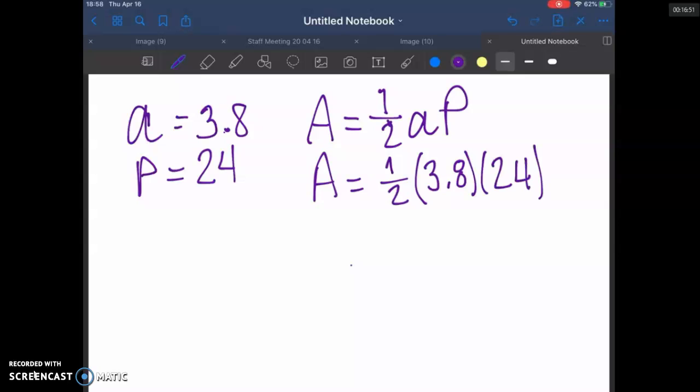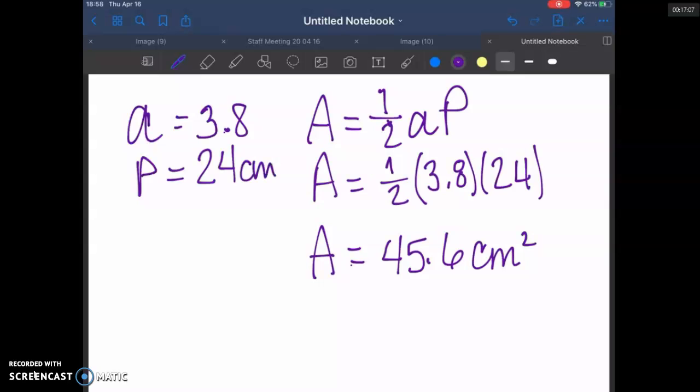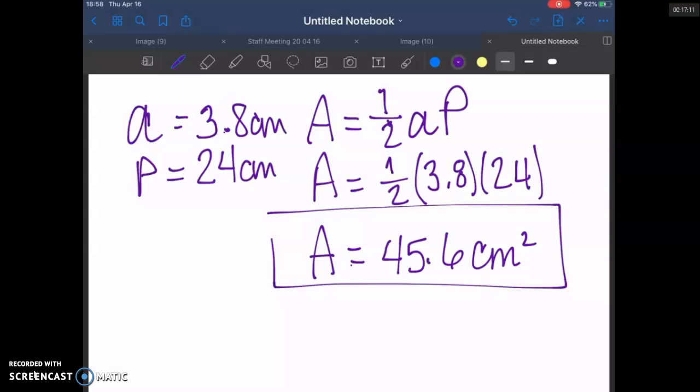Again, we're just going to put that in our calculator. 1/2 times 3.8 times 24 gives me an area of 45.6, and it was centimeters squared. This was centimeters, this was centimeters, so centimeters squared, and there is our final answer. The area of the decagon is 45.6 square centimeters.